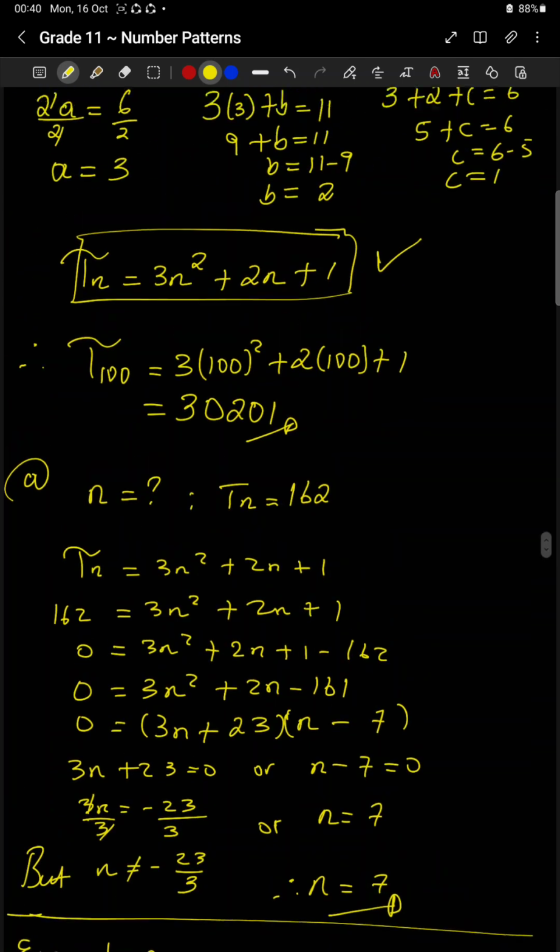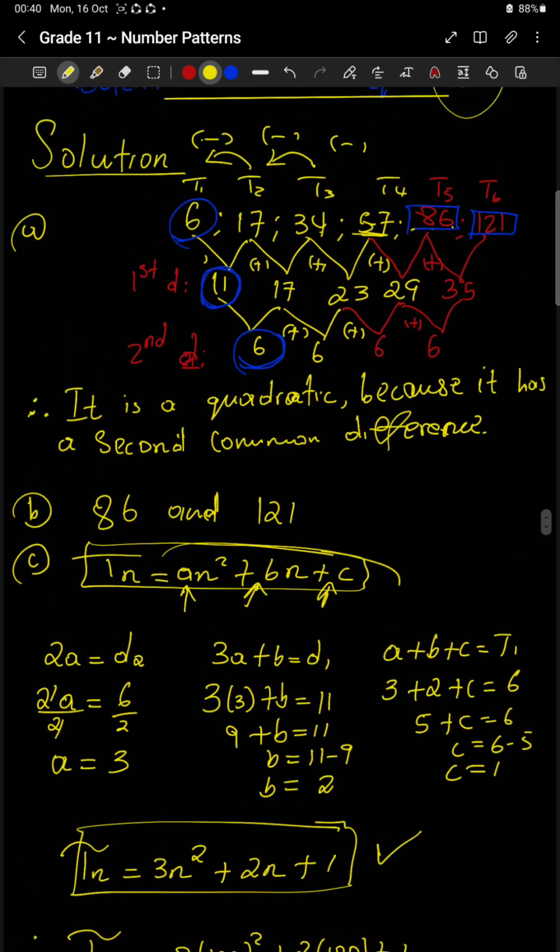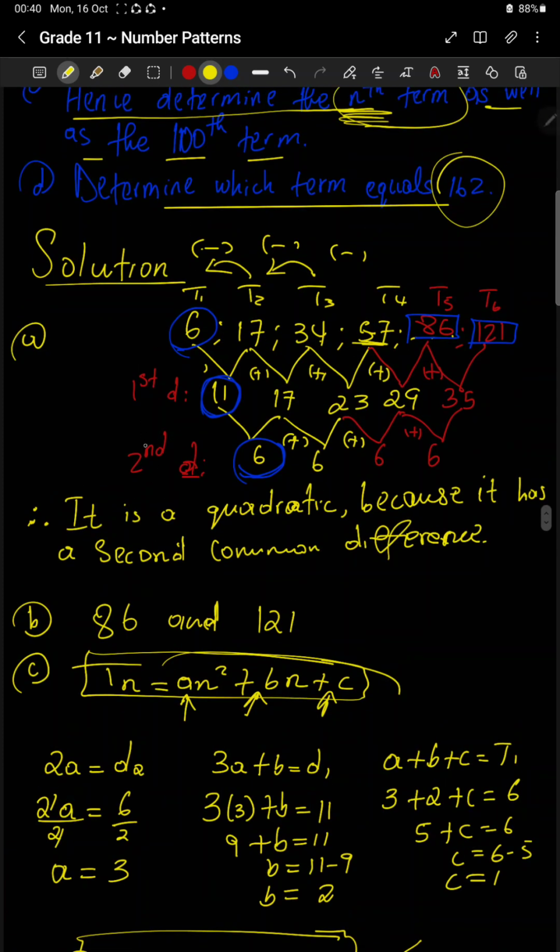It's easy, guys, because we always say that the constant difference, which is the second difference, is the same, meaning that 6 is the same as this 6, and 6 is the same as that, and 6 is the same as that. Everything here is the same. So now we can equate this portion to this one because they are the same. When we say it's common, we mean they are equal.